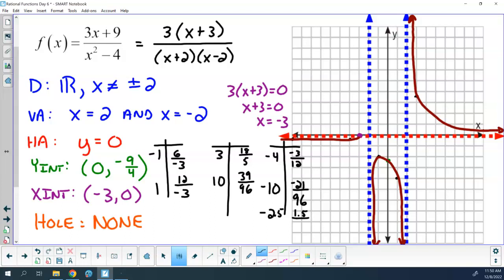Divided by negative 2.5 squared, which is going to be bigger than 4, right? So minus 4, that's still going to be positive, right? So that's got to go up. That's bad. Let's just redo that.